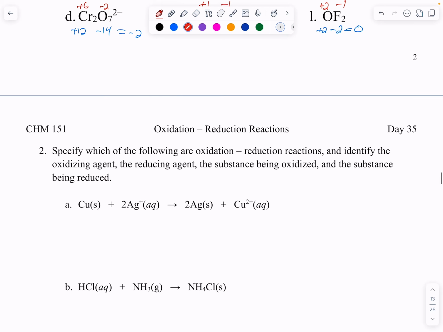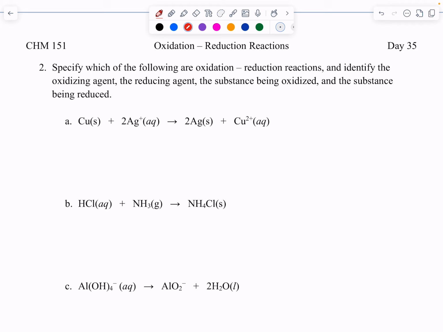Now, here, I want to know which ones of these are oxidation reduction reactions, and if they are, all right, identify the oxidizing agent, reducing agent, substance being oxidized, substance being reduced. Is A a redox? Well, if you look here, I have copper going to copper 2, and I have silver plus going to silver, right?